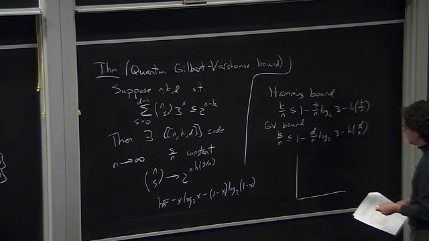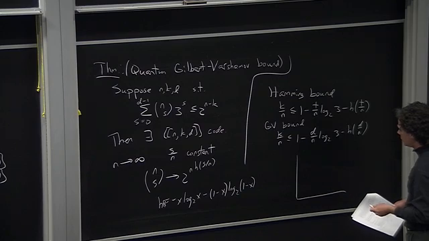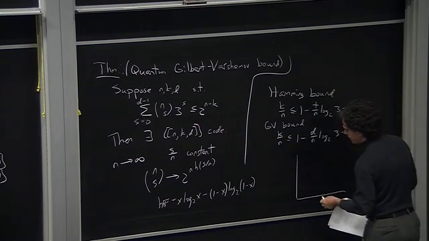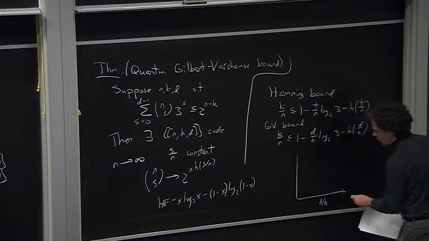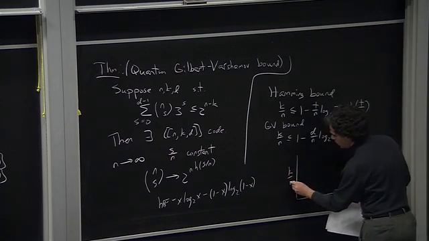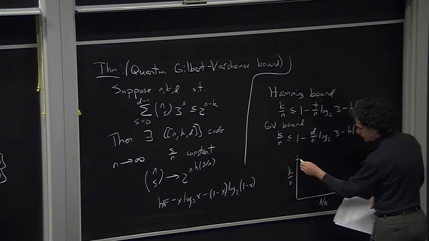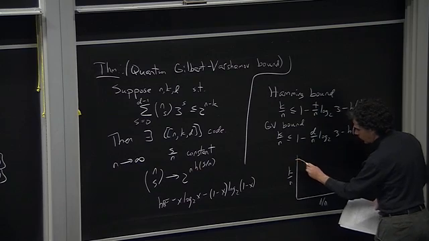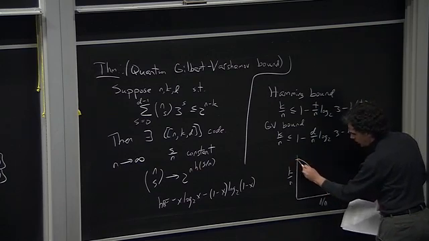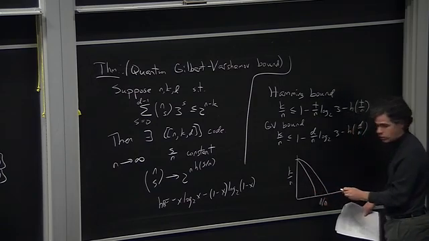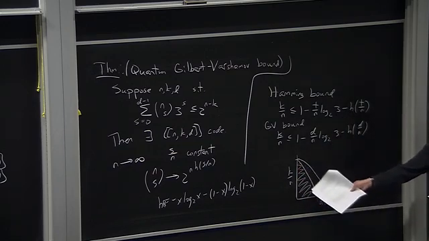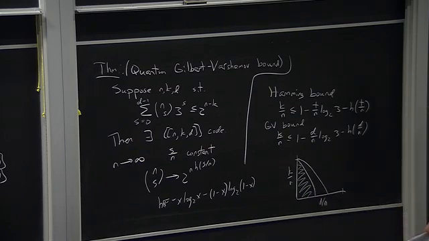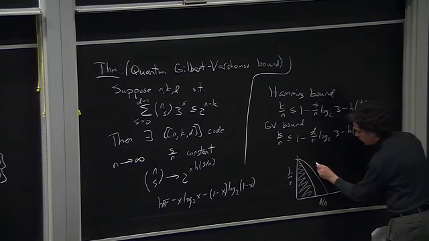If you plot d over n here and k over n here, qualitatively speaking, the quantum Hamming bound will look something like this, and the Gilbert-Varshamov bound something like this. You know that there exist codes in here. Here, there are no non-degenerate codes.